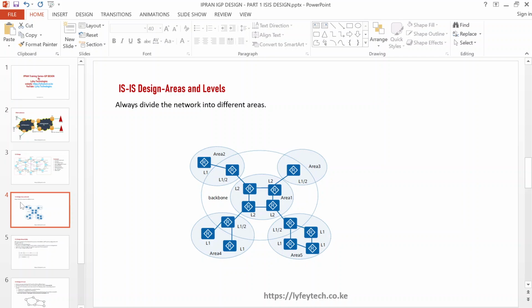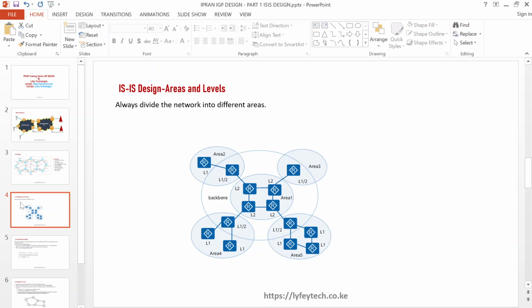The entire network will be level 2, which means all the routers are in the backbone network. Remember, ISIS doesn't have the concept of a virtual link like OSPF. So you need to properly design your network such that we have connectivity and routes being exchanged throughout the network.